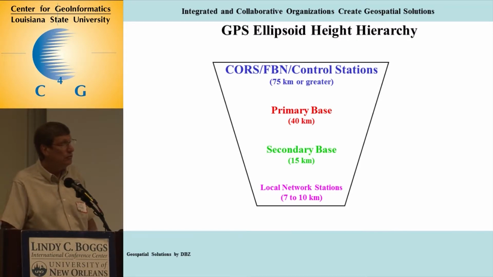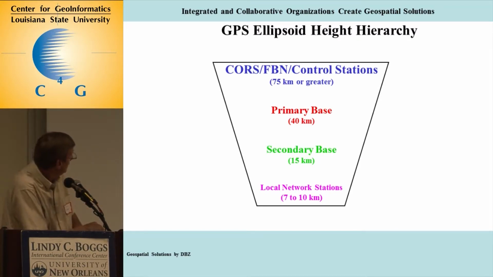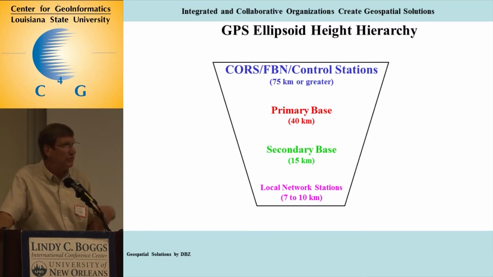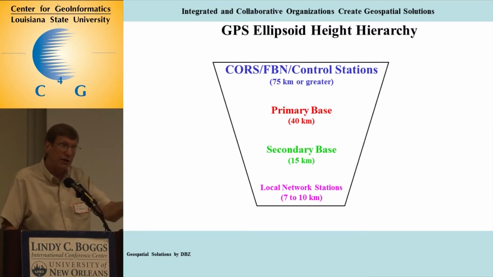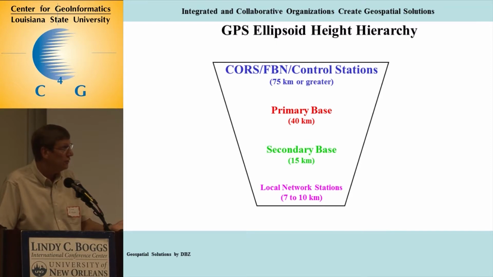And so you need to think about this primary base in those areas. CORS, I think the CORS network that you have and how it's been there is probably sufficient to bring you that control. You could come off of those CORS and the way they validate them, the way they're checking them today, you can trust those CORS. Or, obviously you've got to validate that they're good, but NGS is already putting that out there for you. All you've got to do is make sure that you look at it.